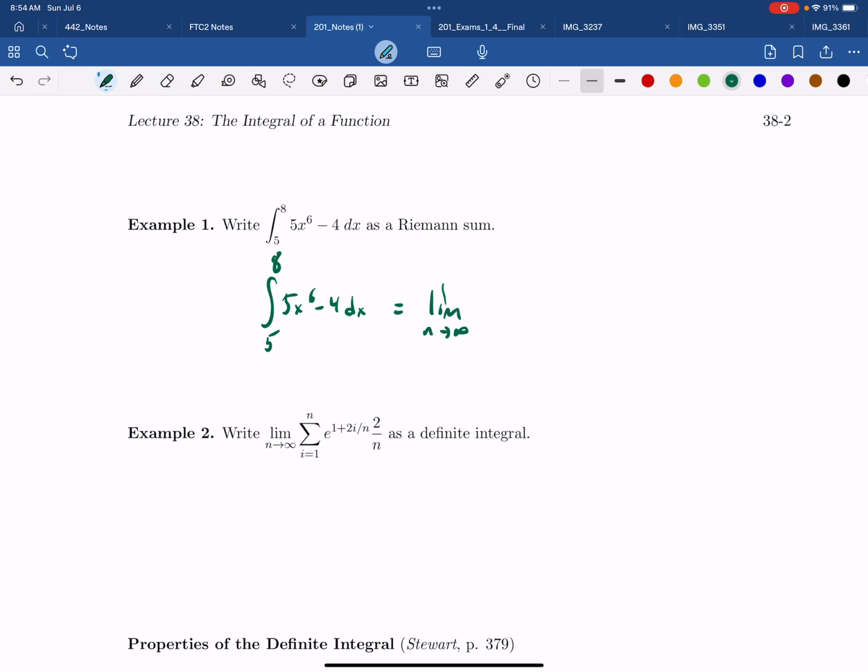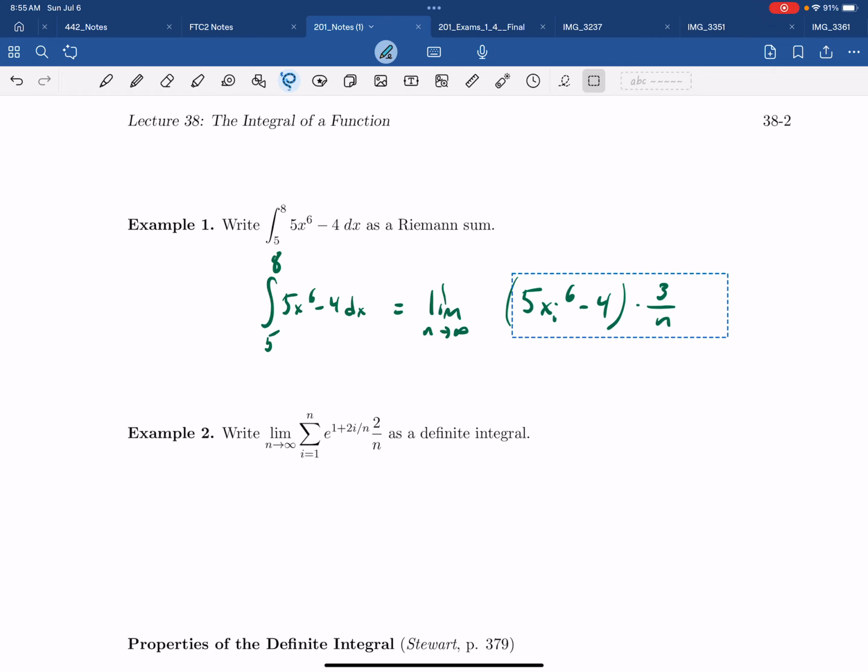It's going to be 5 xi to the 6th minus 4, and then all of this is being multiplied by 8 minus 5 over n. So if I wanted to reduce it, I could write it as 3 over n. That would be my, sorry, and I forgot that pesky little thing called sigma. Sorry, we definitely need that. All right.